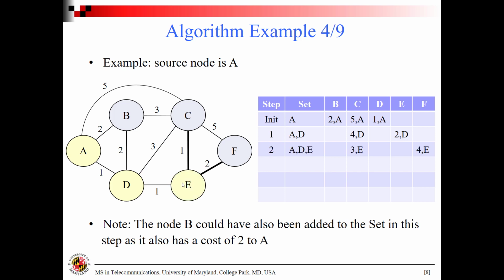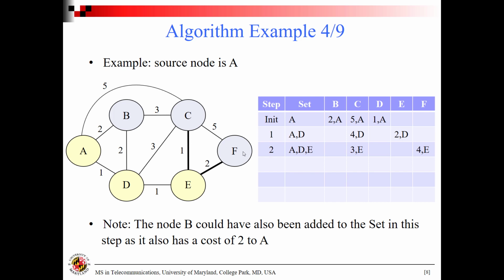So that's what we do. So we add node E to the set. You could see in step number 2. So that will be the new node that we have just added to the set. And then let's see which nodes we can update. So A, D, E are already out, right? So those nodes we cannot touch, especially because A was the source node. But we still have 3 nodes which are not in the set, right?